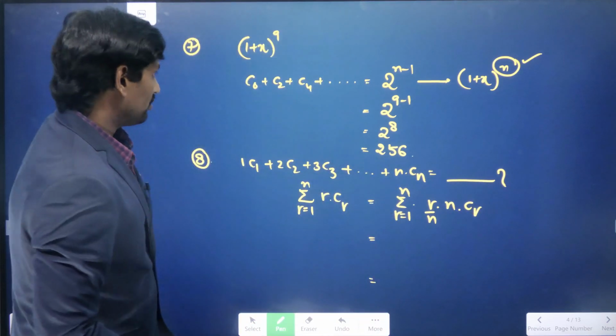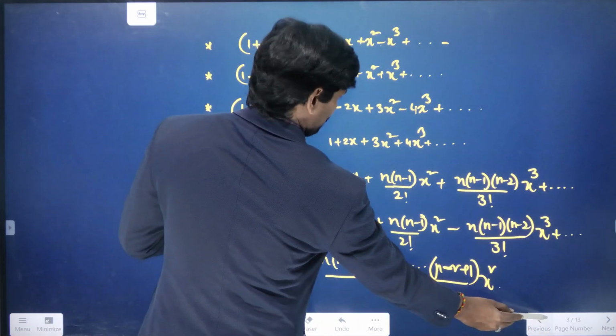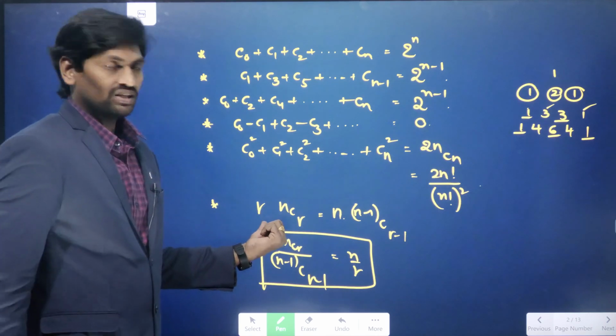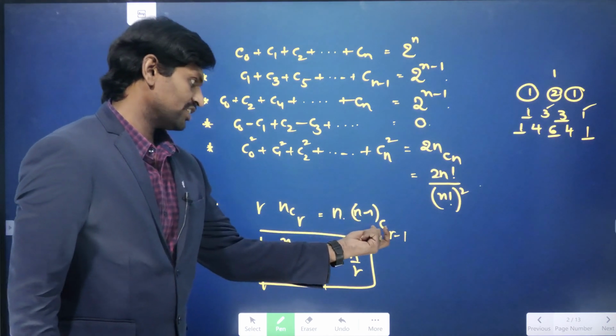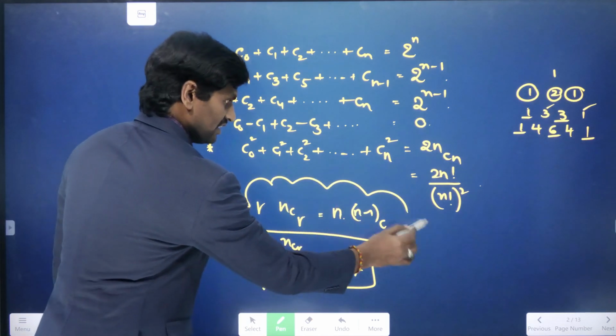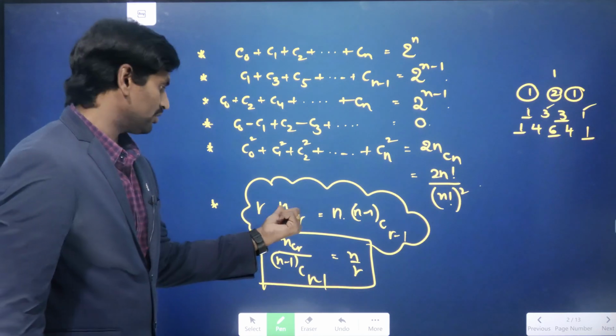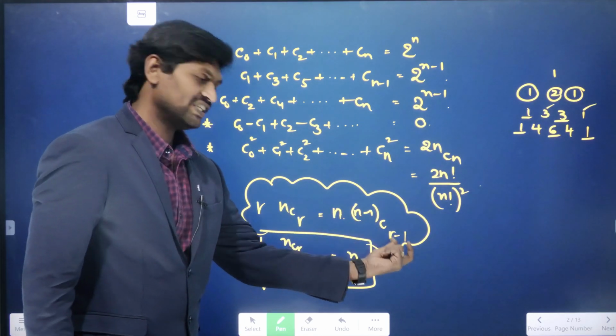Now see this property: r into nCr equals n into n minus 1 C r minus 1. Can we apply this property? In the place of r into nCr, we can write n into n minus 1 C r minus 1.